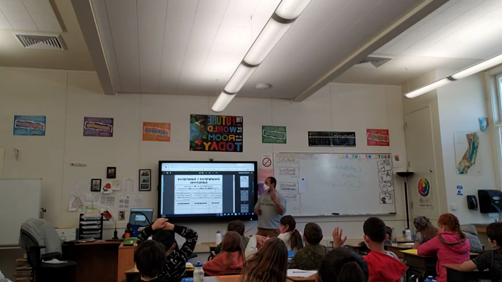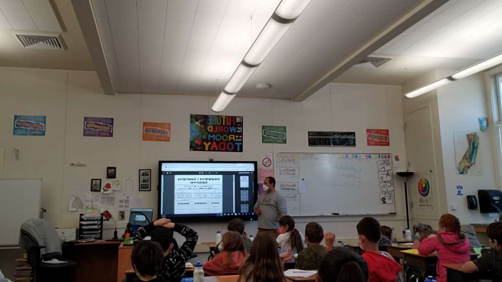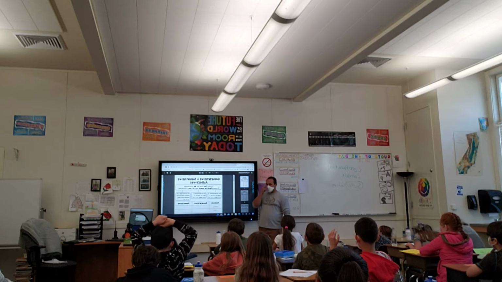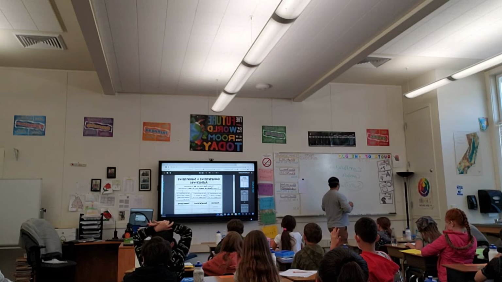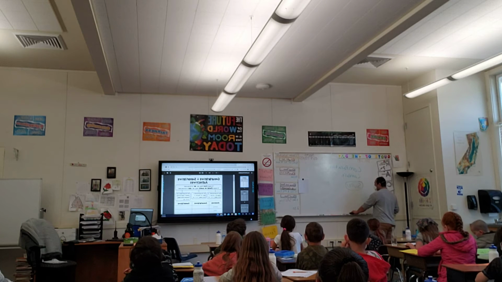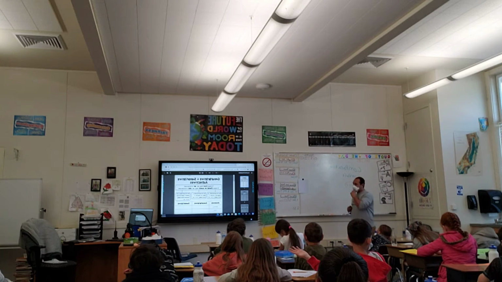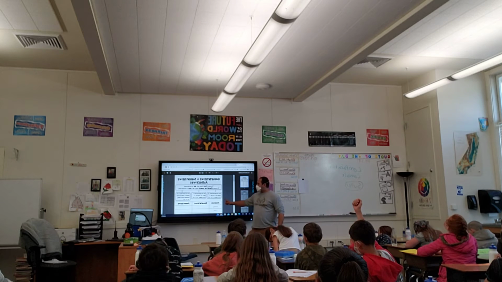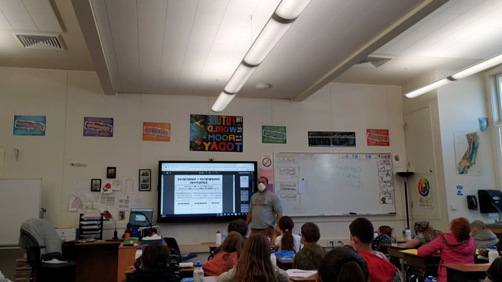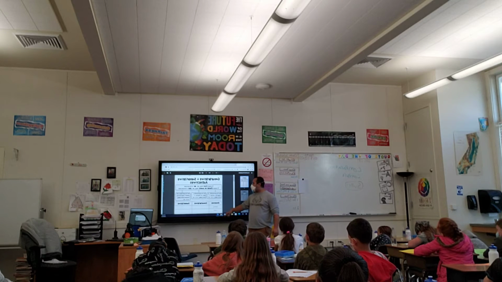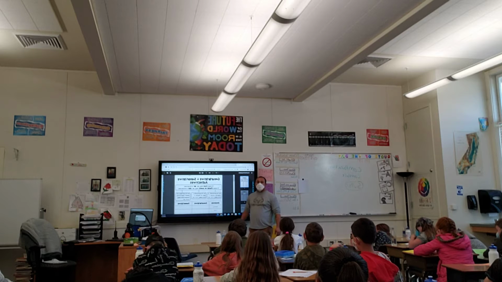To compare three or more things, add EST to the base word. The base word is the first part of the word. Does the word end with Y? You change the Y to an I before adding ER or EST.